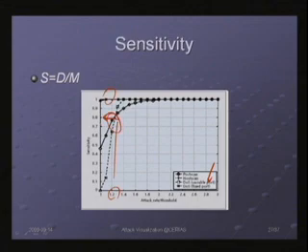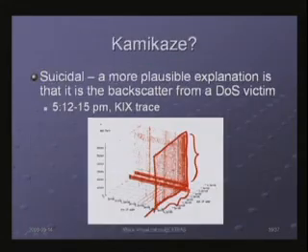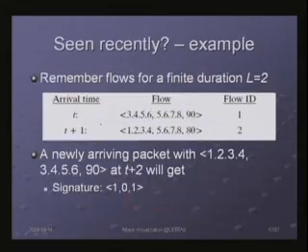And the source of this problem, the lower sensitivity, is that when you generate the signatures, if you look closely at this example, this packet has port number 90, and it also appeared for the first packet, but they are two different flows.